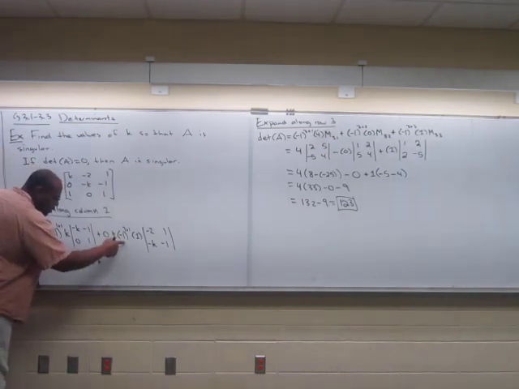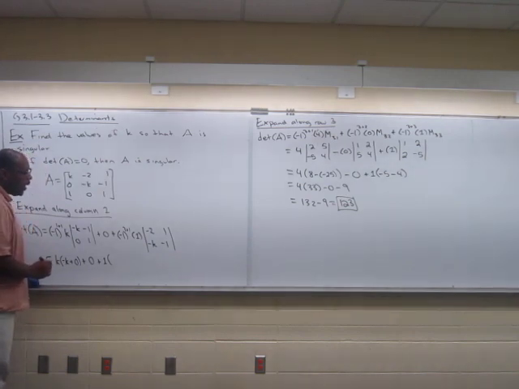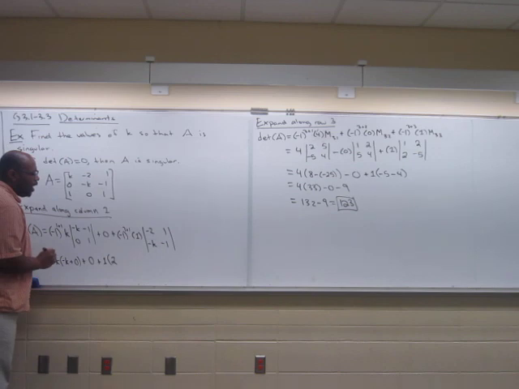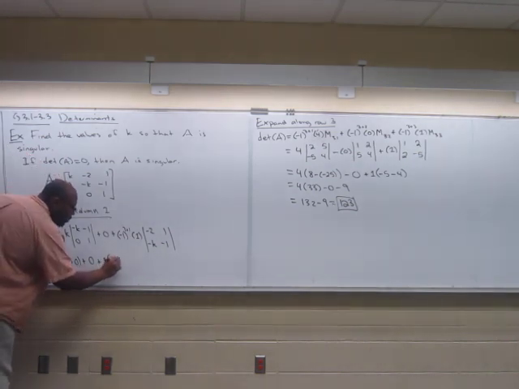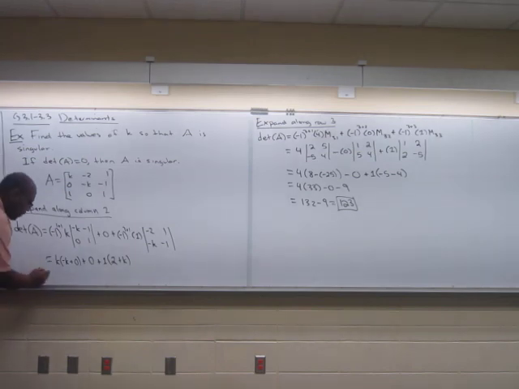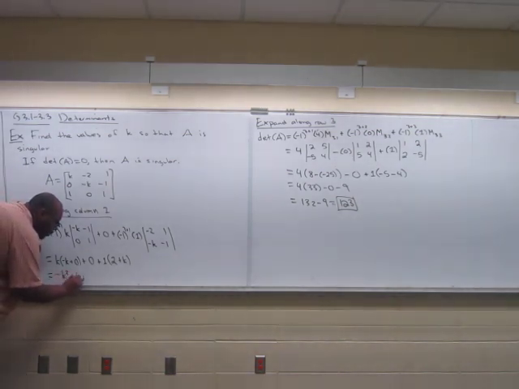Plus this, because it's going to be positive, 1 times. Here I have, what's that, 2? This is plus K, I think is what we have here. And if we work that out, I think we get something that looks like this: negative K squared plus K plus 2.